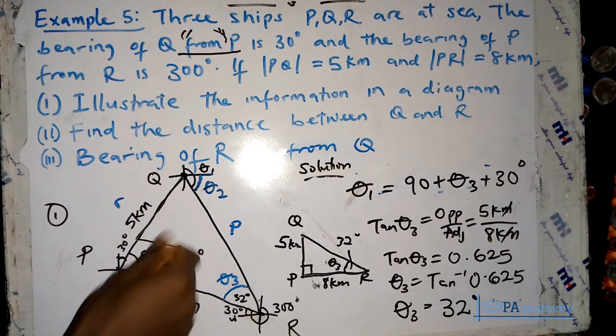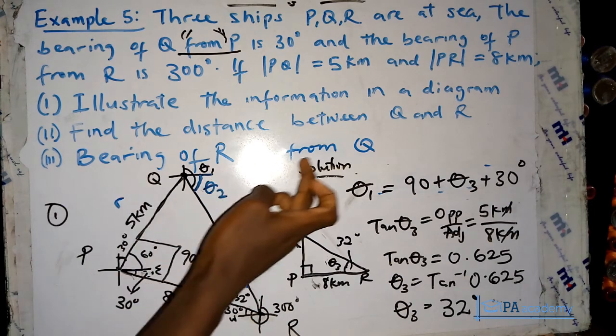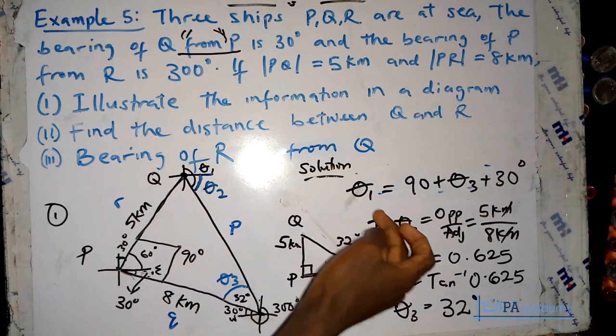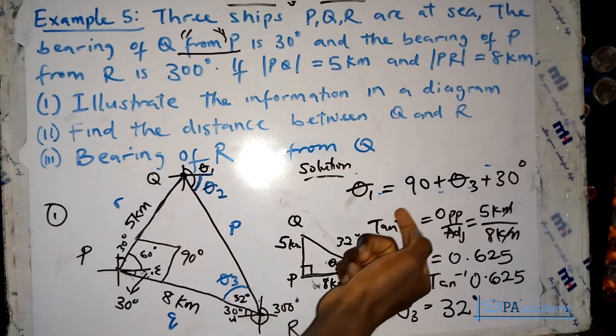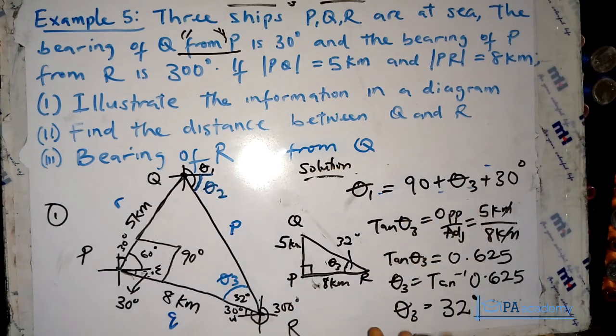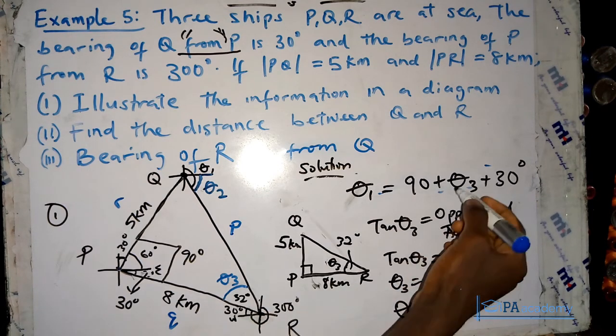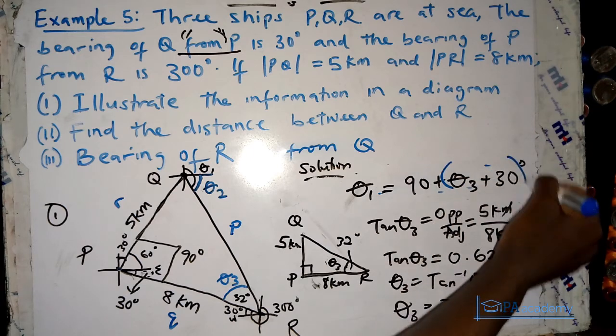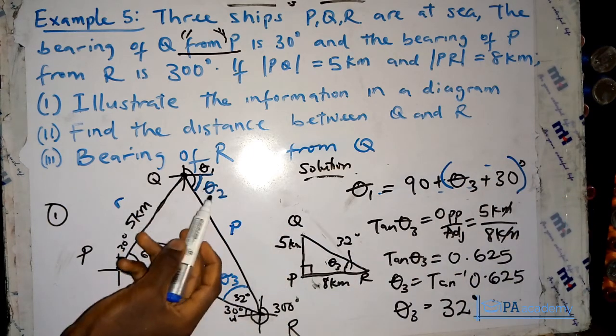So now we can easily get theta 1, which is the bearing of R from Q, using 90 plus our theta 3, which is 32, plus 30 degrees. Again, this theta 3 plus 30 degrees is representing theta 2.